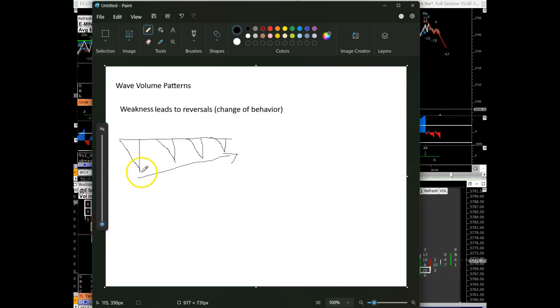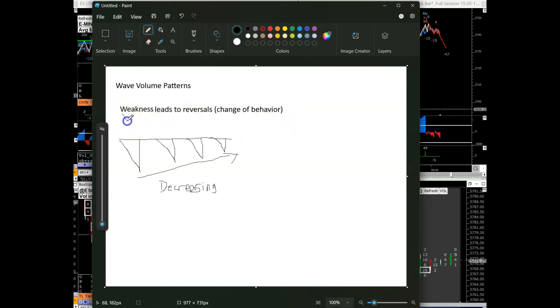So in the downtrend, if you see this pattern of selling, it's basically decreasing. Selling is decreasing. And this will be a trend.